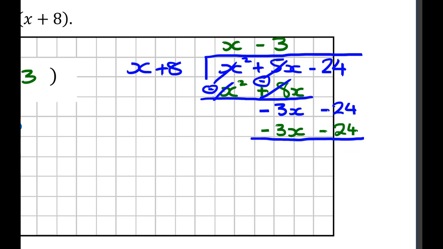As your teacher might tell you, change the sign of the terms on the bottom. So this becomes plus, and this guy becomes plus as well. Minus 3x plus 3x, cancel. Minus 24 plus 24, cancel, 0. There's your answer again.